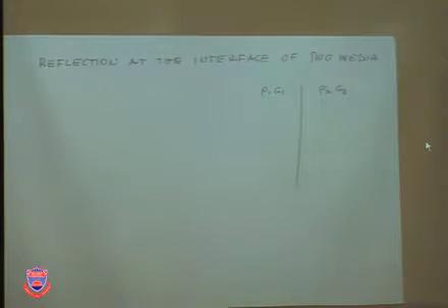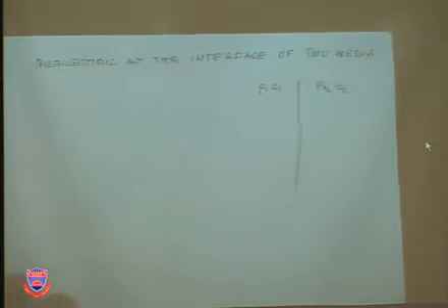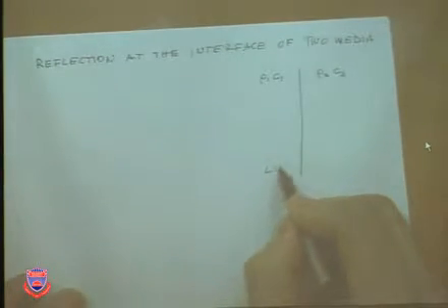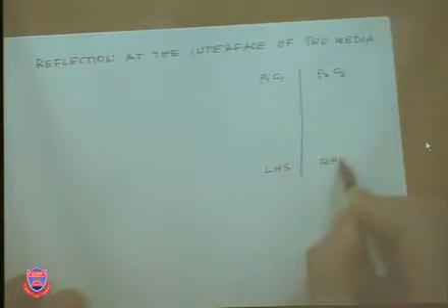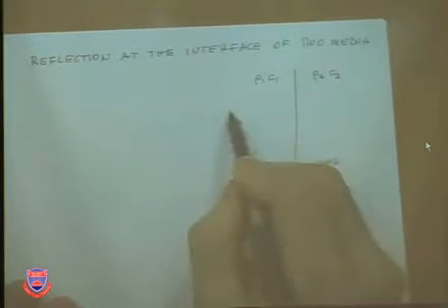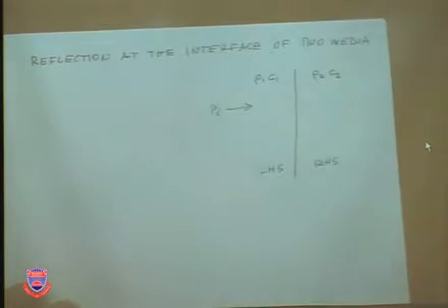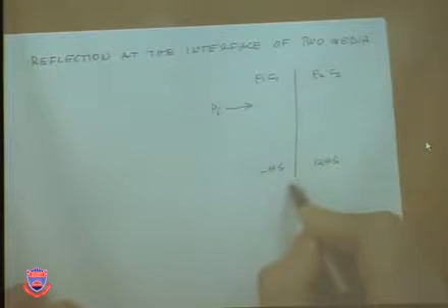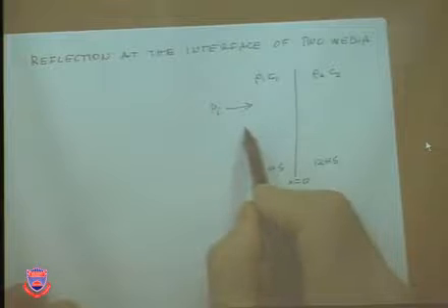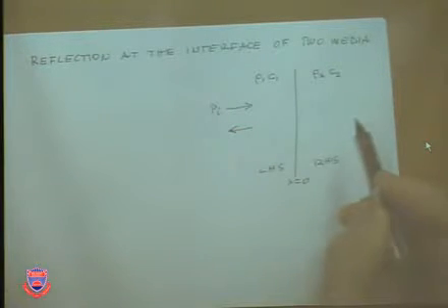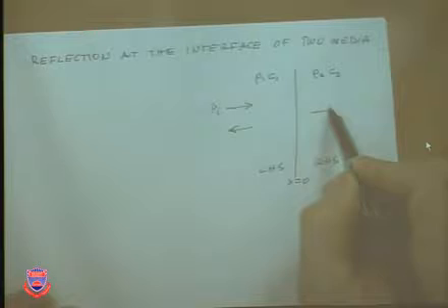Remember now, ρ times C is the specific acoustic impedance that relates pressure to particle velocity. Let's call this the left-hand side and then the right-hand side. If sound pressure is incident on the left-hand side, and let's call this x0, some of it is reflected and some will be transmitted.